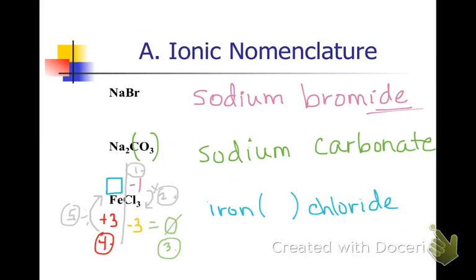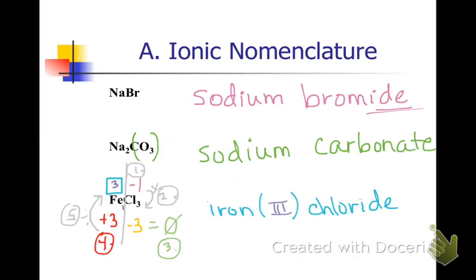What subscript is with iron? It's an understood 1. What is +3 divided by 1? It is 3. +3. That is the Roman numeral that is going to go over here with iron chloride.